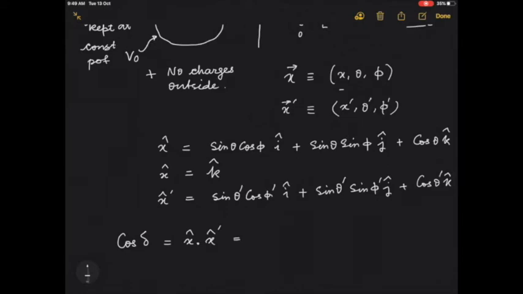So I will get sine theta cos phi, sine theta prime cos phi prime in the first term. But you see that these terms are 0, so I will just get this. So I will get cos theta times cos theta prime. Cos theta is 1, so this is essentially cos theta prime.